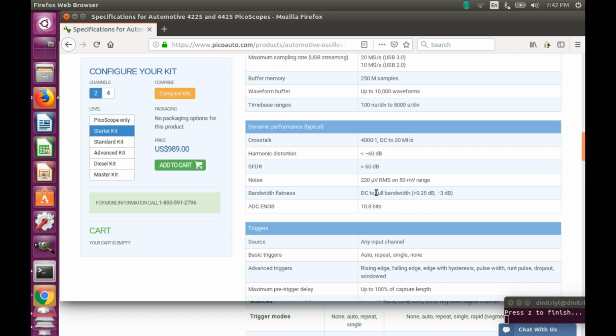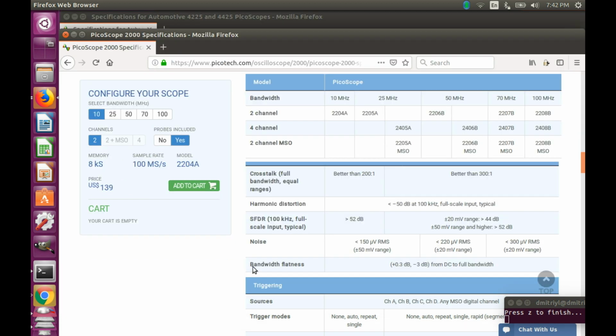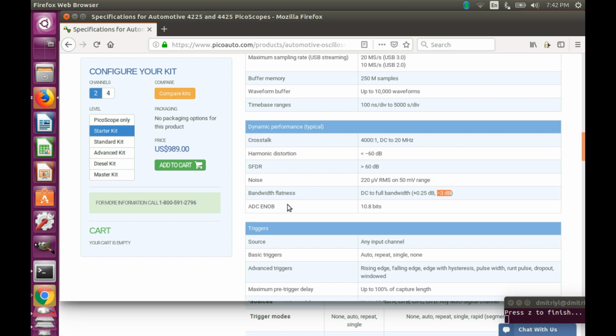And if we feed it in with a full bandwidth sine wave, and remember that for this oscilloscope it's 20 megahertz, we are going to see a sharply lower amplitude, minus 3 decibel, which is, in engineering talk, just 70% of the voltage. For Pico 2000 series, we see very similar numbers, so there are no surprises there.